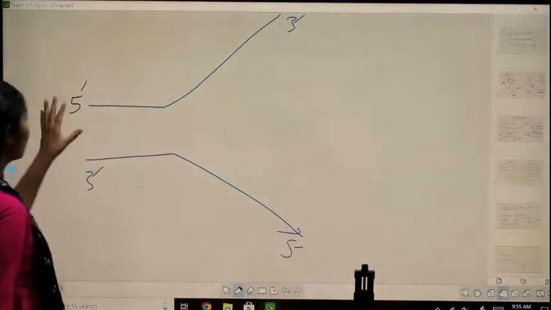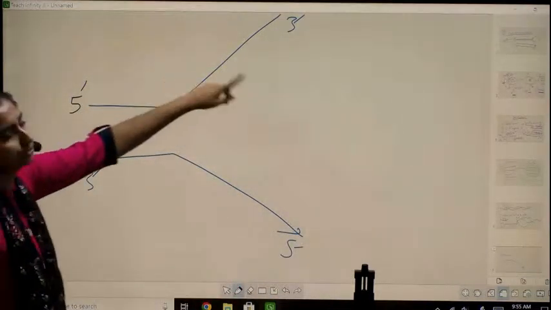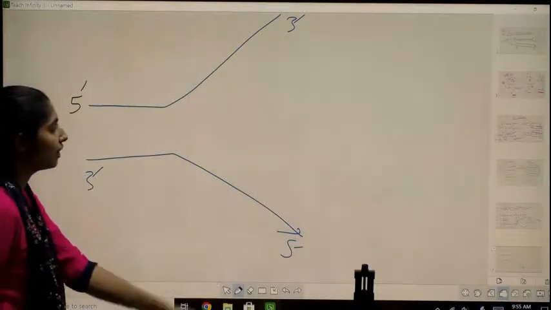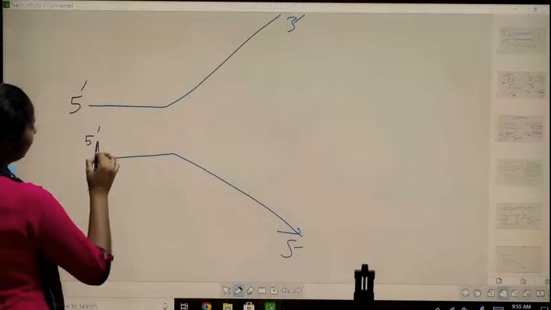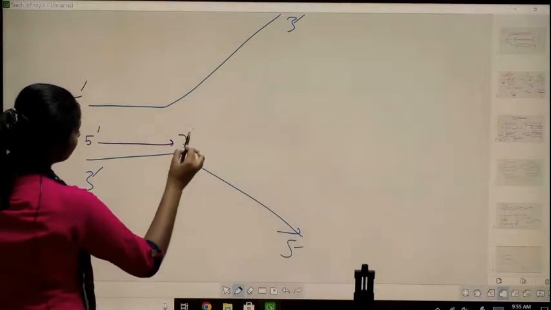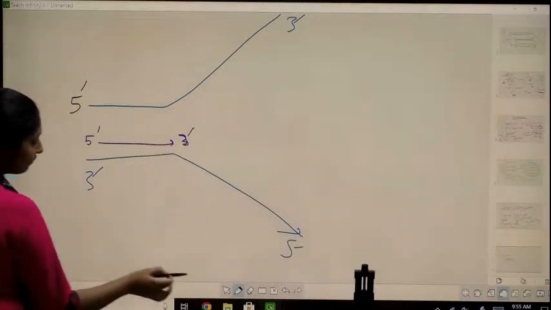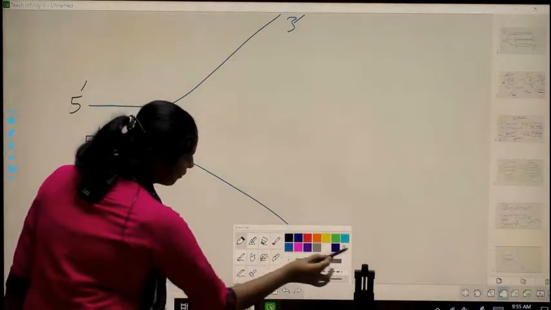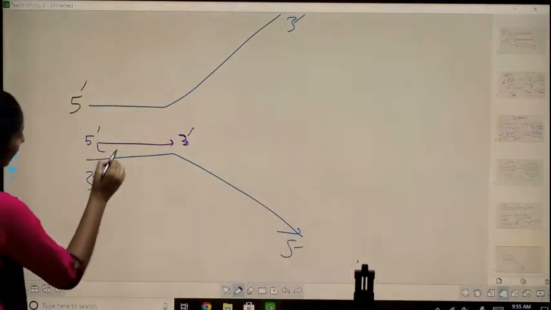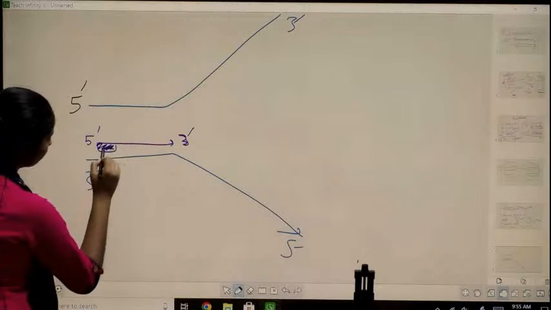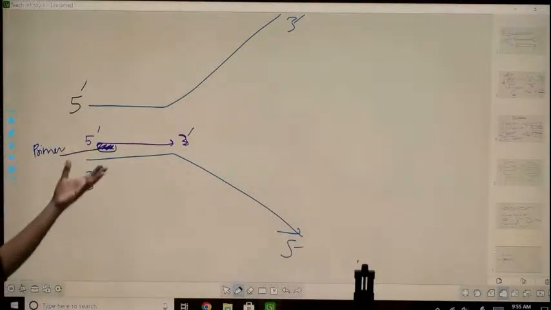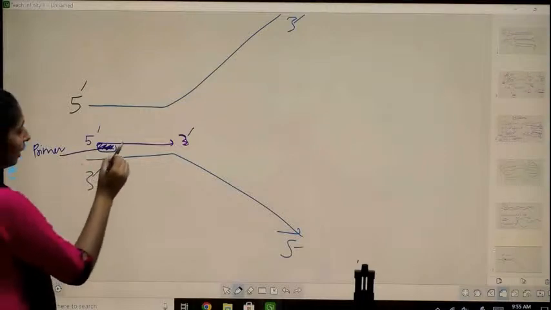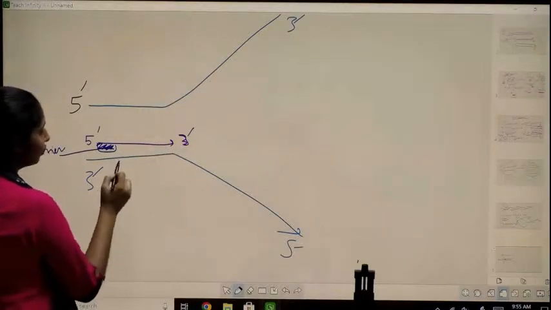So if you see here, this chain is 5 to 3, right? This is 3 to 5. I told you replication will always proceed in 5 to 3 direction. So here in this direction, DNA replication can very easily proceed, right? You will just require a primer here. And to this primer, DNA polymerase will come, act on it, and add new nucleotides depending on the complementarity.